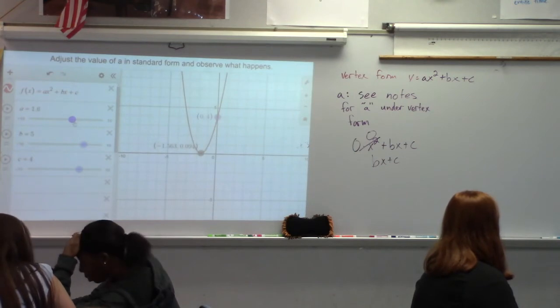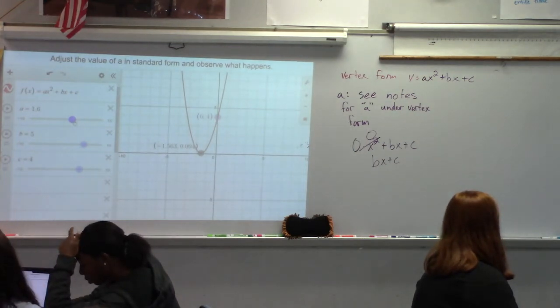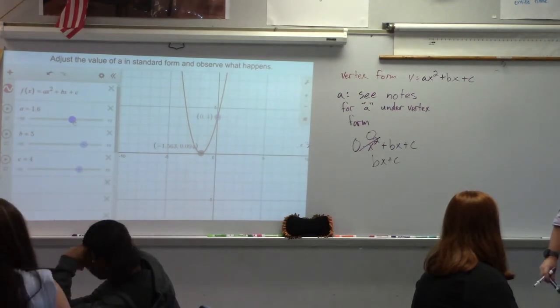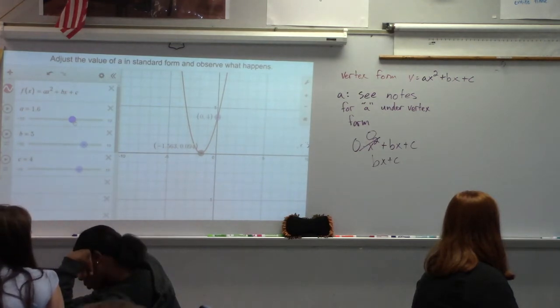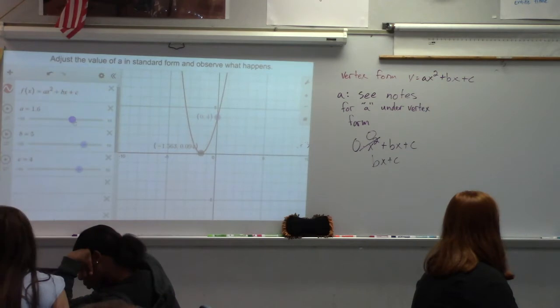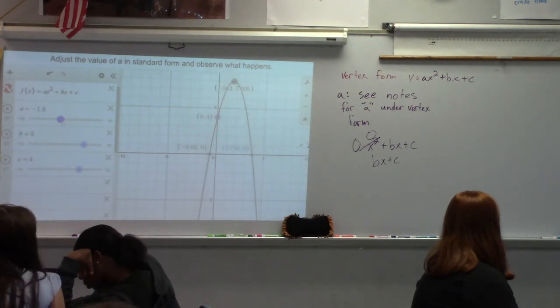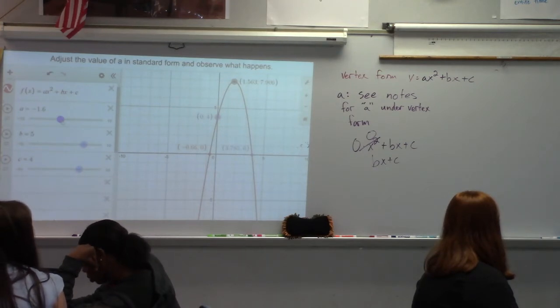Now, I'm going to show you one other quick detail because I think someone in first block said it beautifully. She was talking about how when A was going from positive to negative, the vertex was just transported to the other side of the graph. I get it.